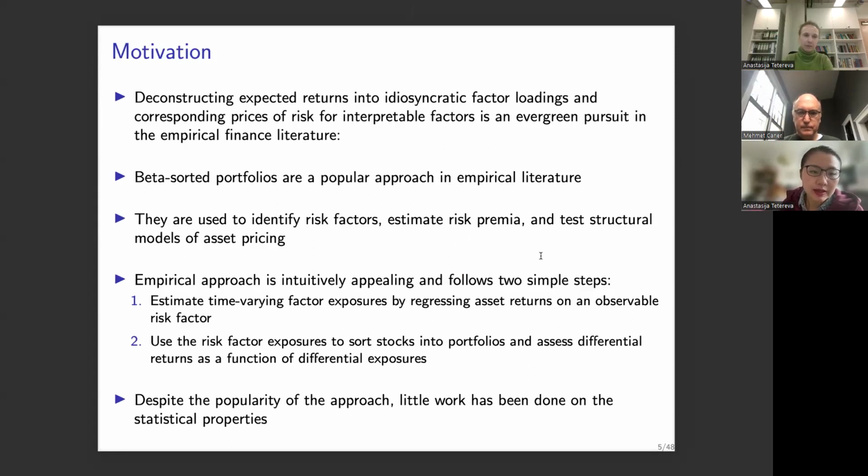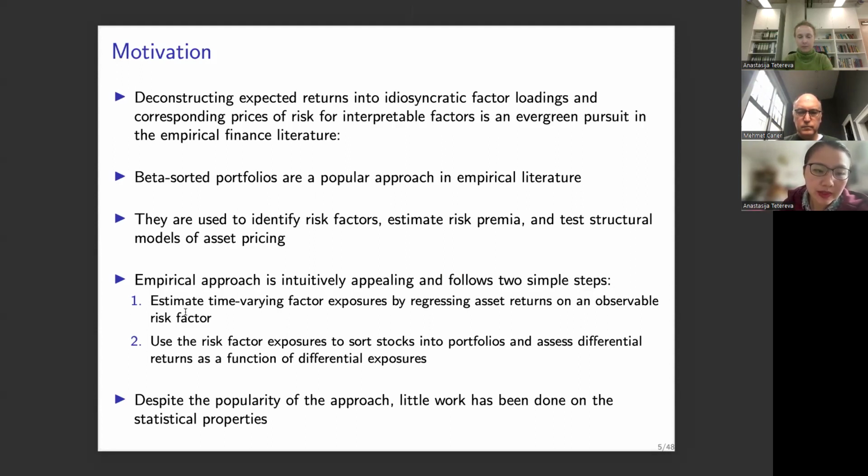It's a popular approach in the empirical literature, and beta sorting can be used to identify risk factors, estimate risk premium, and test structural models of asset pricing. It's a very simple, intuitive approach.